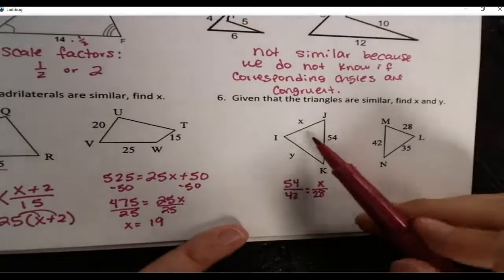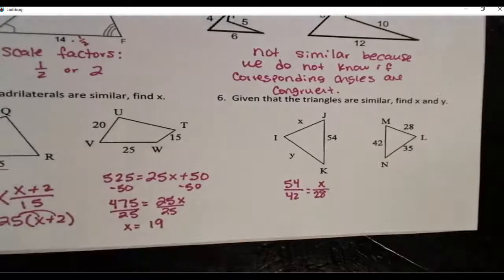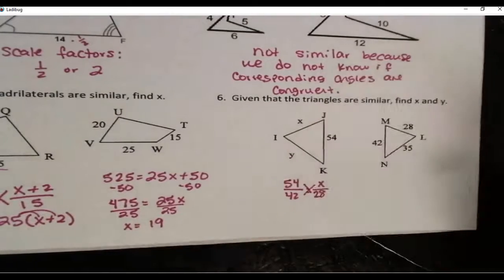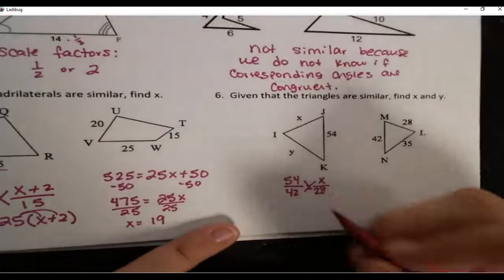Because if you look, the x is a little bit smaller than the y, and 28 is smaller than 35. Then we just cross multiply. We'll do that one next. You don't want to do them all at the same time. Okay.